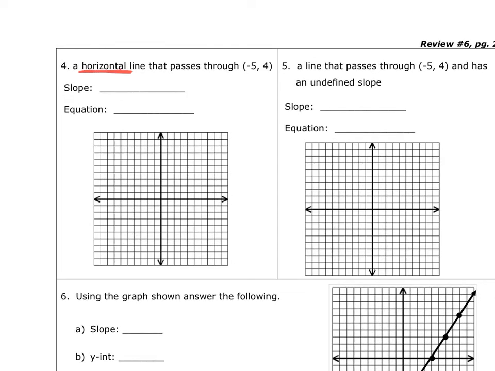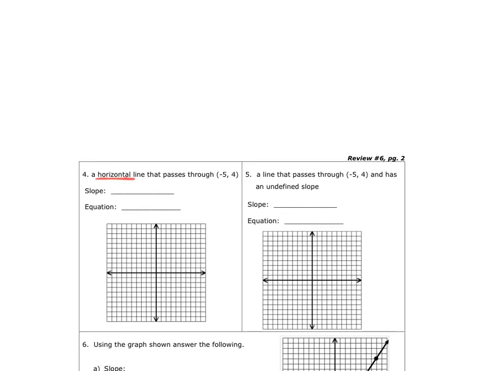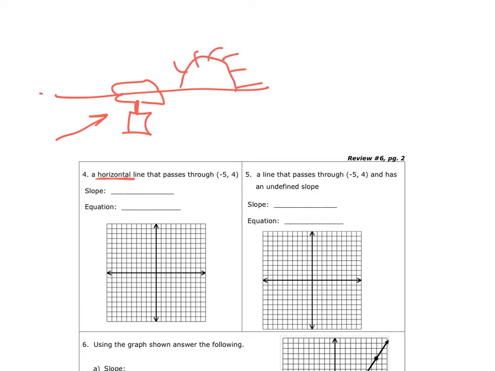All right, if it's a horizontal line, now let's talk about how to remember horizontal. Some of you may have been to the beach, but I know everybody has been outside. When I go to the beach, like I'm sitting on the beach here, there's my little umbrella, and I'm looking out over the ocean, and way in the distance you can see the sun starting to set.